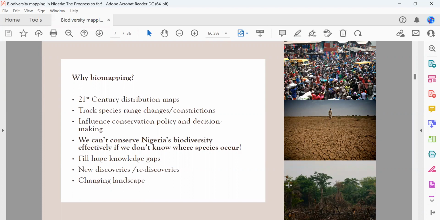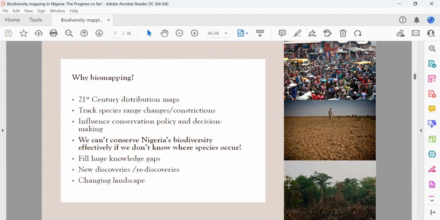Without biodiversity data, we cannot influence conservation policy or decision making. We need convincing data to inform policy making. We cannot conserve Nigeria's biodiversity effectively if we don't know where species occur. First, we need to know where they occur and the nature of their distribution before we can make an informed decision about species management or a particular group of organisms.